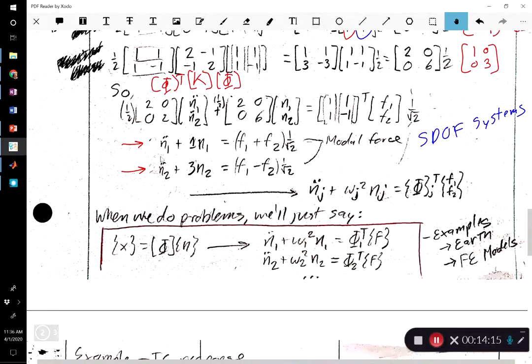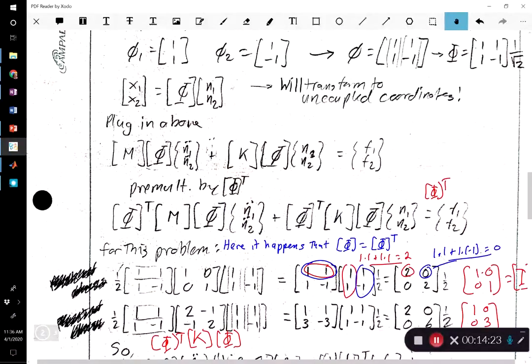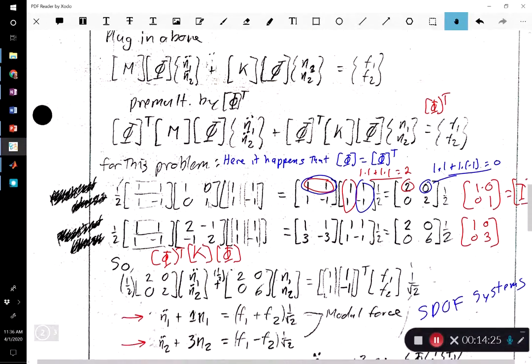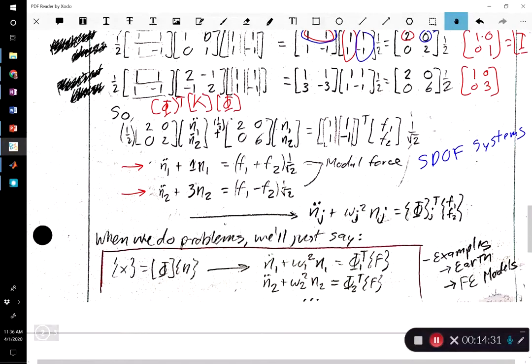So this derivation is one of the most fundamental derivations in vibrations. I expect you to know it. You should be able to make this substitution, plug it into an equation, and work out what the uncoupled equations of motion are.